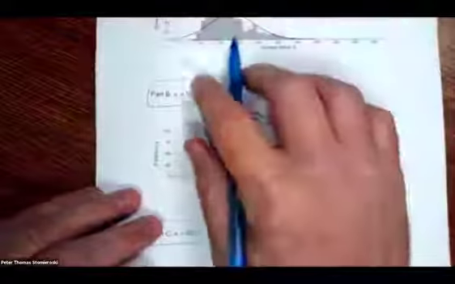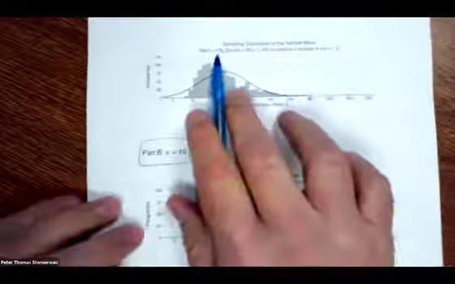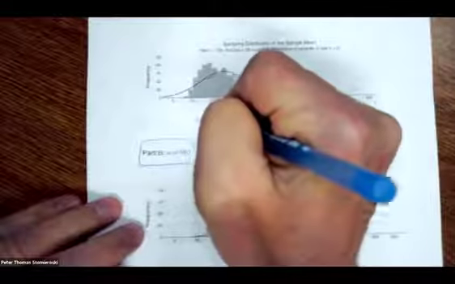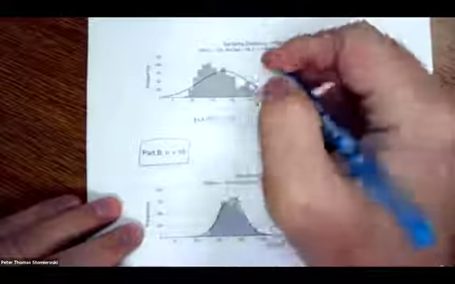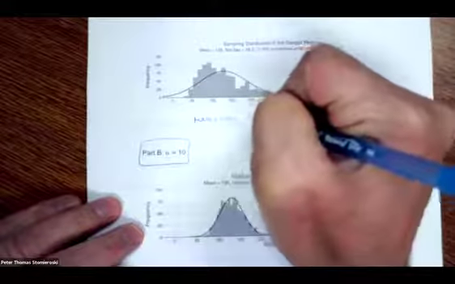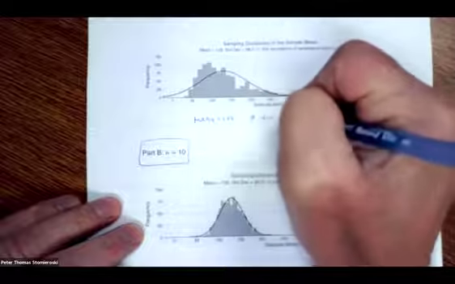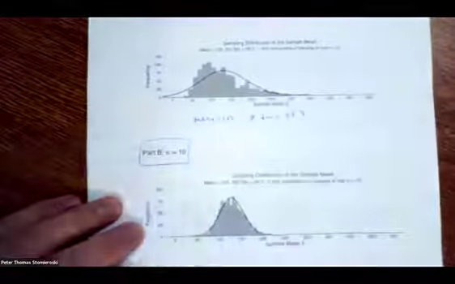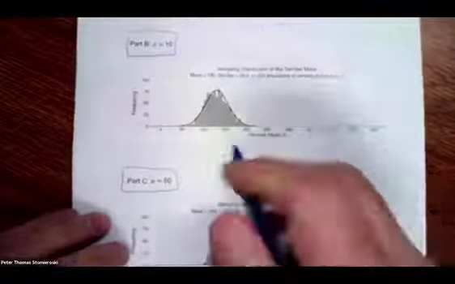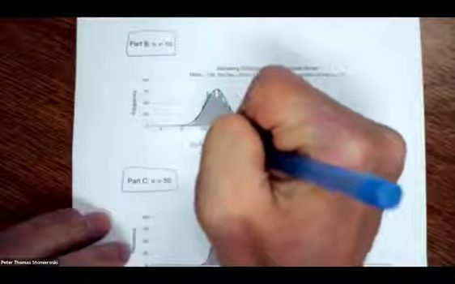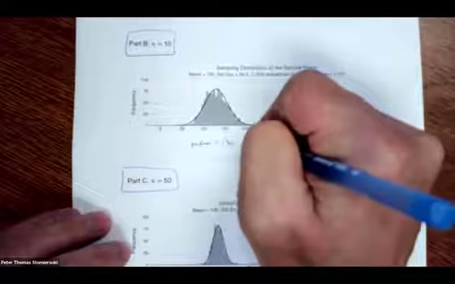The mean for the sample size of 2 is 128, and the standard deviation is 58.2. When your sample size is 10, the mean here is 130 and your standard deviation is 26.8.